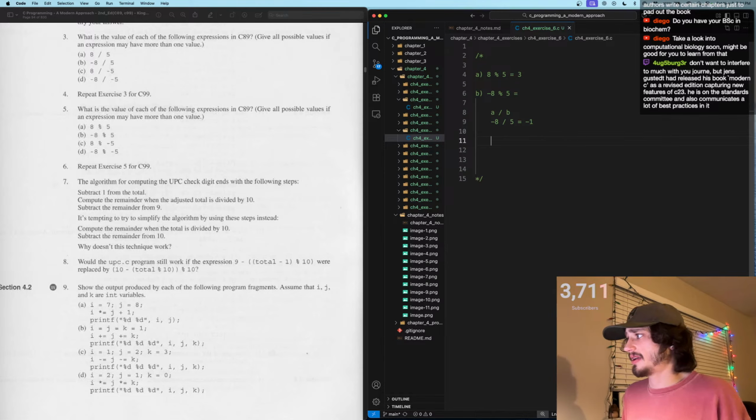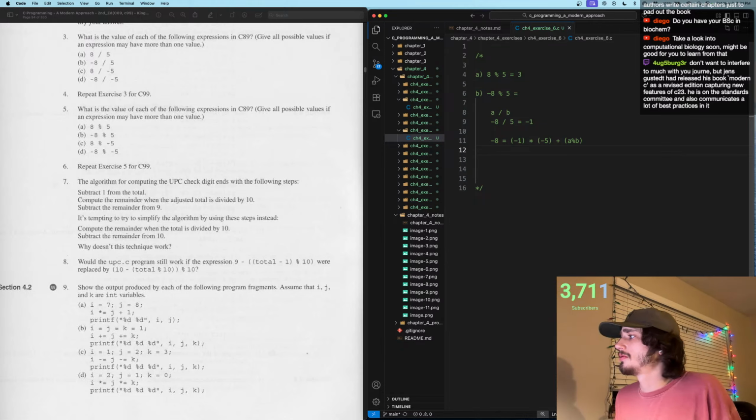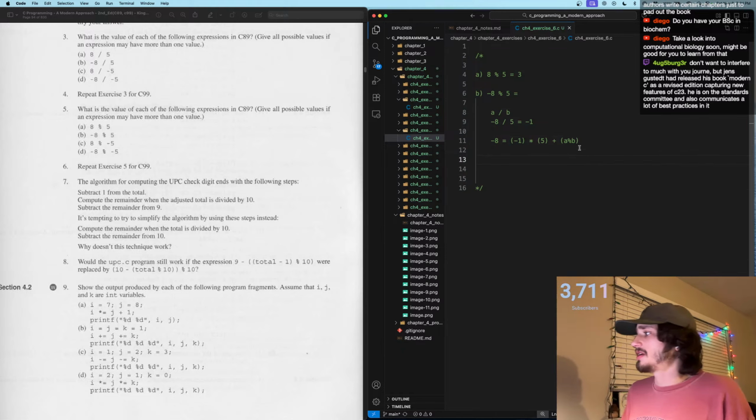Then we plug this back in for our equation: negative 8 is equal to negative 1 times 5 plus A modulo B. Oh sorry, it's positive 5. It gives us negative 5 plus over there would give us negative 3 is equal to A modulo by B.